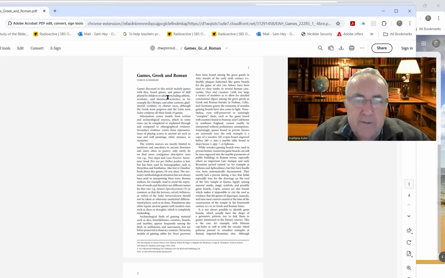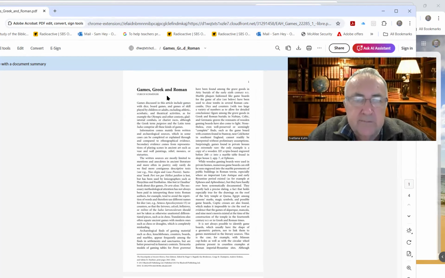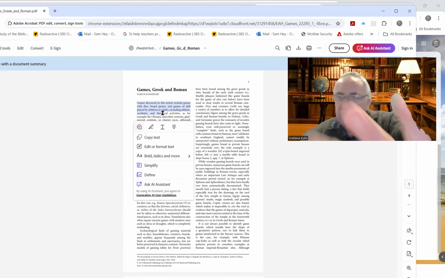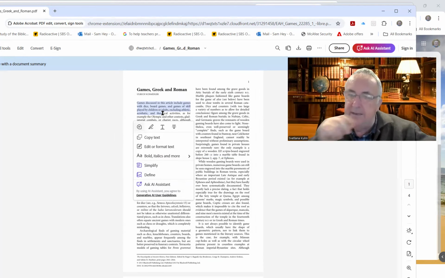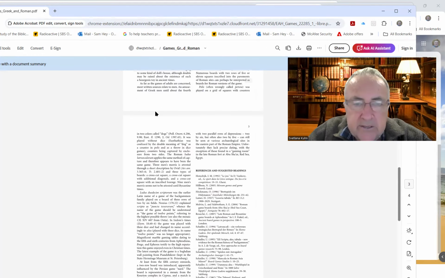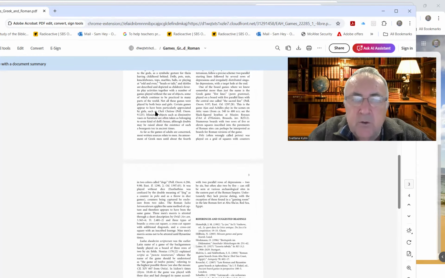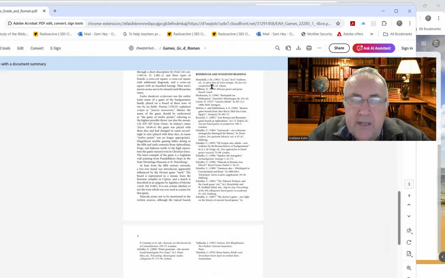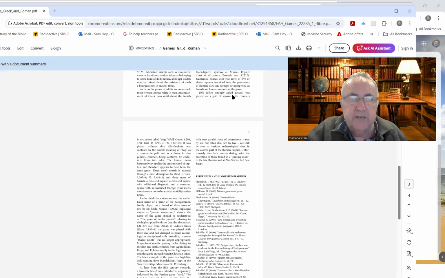So games, Greek and Roman, you can read through here, you can take some notes, and then you can rewrite material in your own words. You can put this to one side and write freely your summary of what you've read, and then you can cite this. Notice we call this a scholarly article because at the end we have a good number of scholarly references.